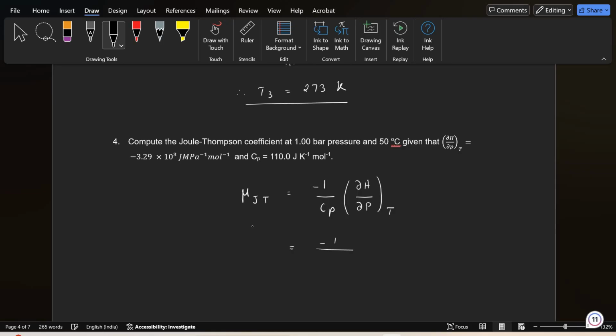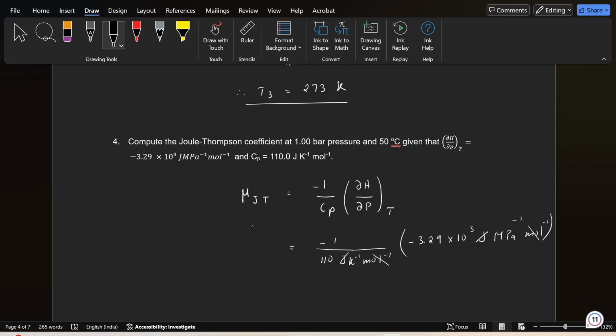Minus 1 by 110 joules per Kelvin per mole, into minus 3.29 into 10 power 3 joules per Pascal per mole. So joule will get cancelled, mole will get cancelled, and Kelvin will come up.